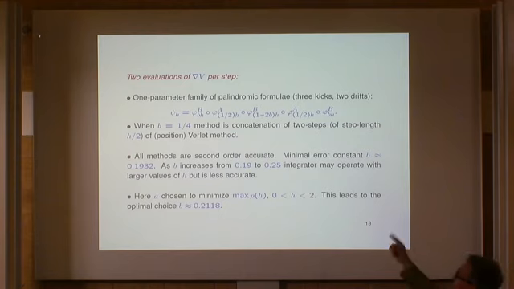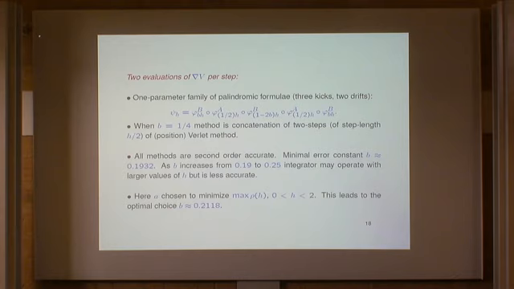So, for instance, if you take schemes that are palindromic, you have that thing here to be consistent. There's one parameter, b, and for the particular value b equals a quarter, this is just a concatenation of two Verlet steps of length h over 2. All methods of that family are second order accurate, and the one with the least error constant has b equals 0.19.